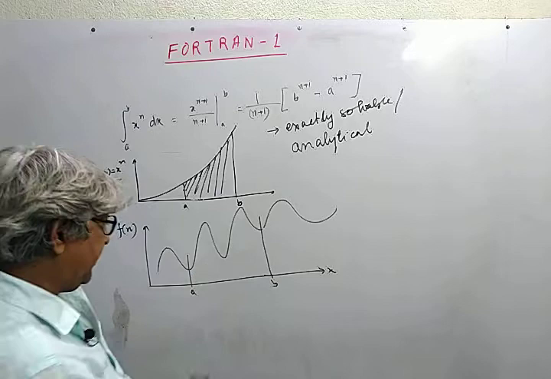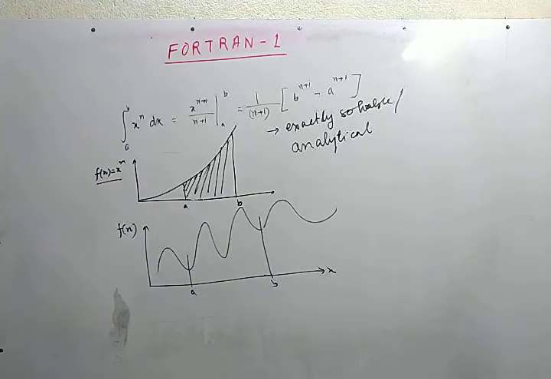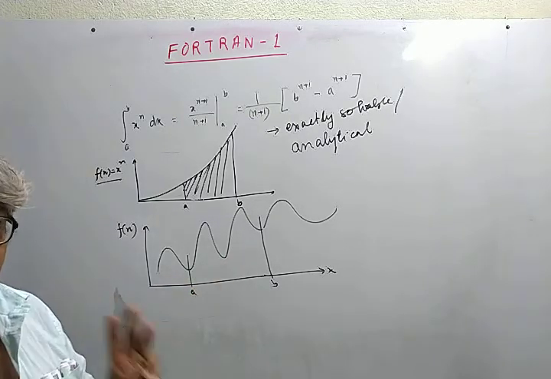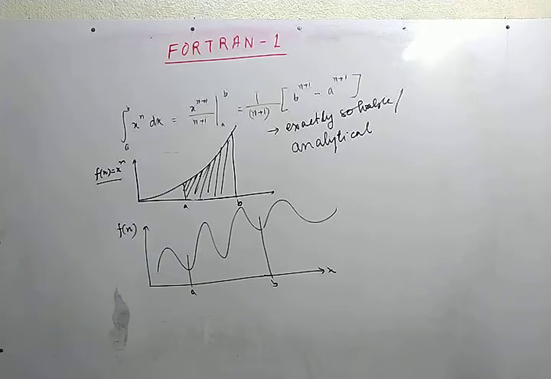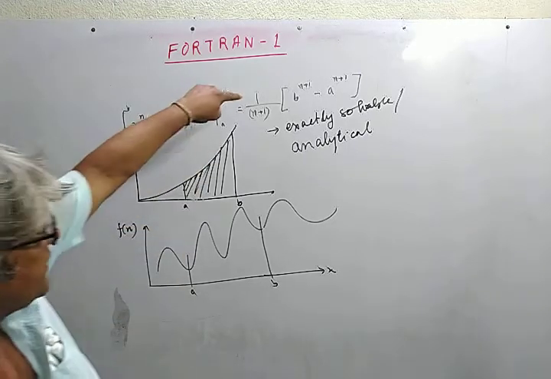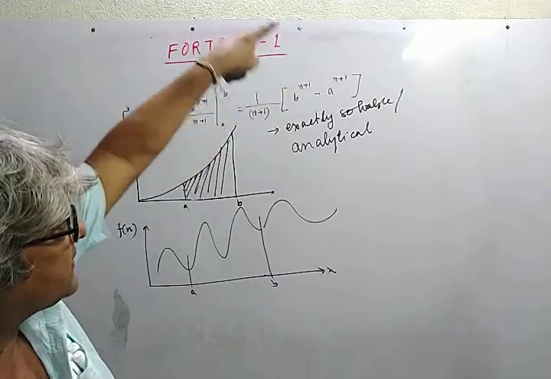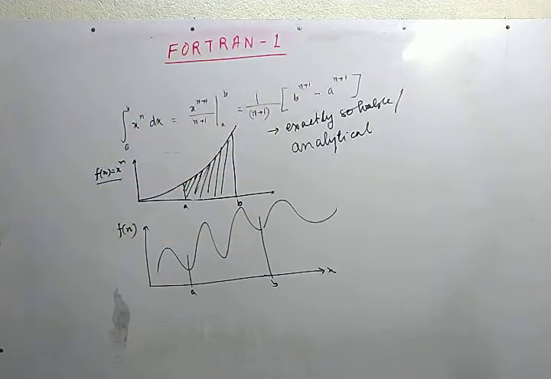The curve between a and b is continuous, so this area under the curve has a definite finite value. In this case the result is also finite so long as a, b and n are finite.